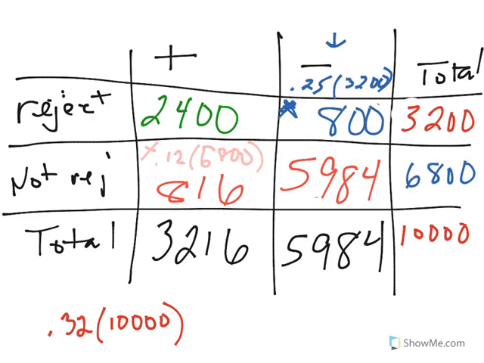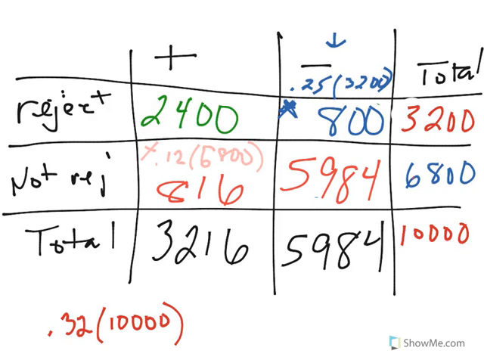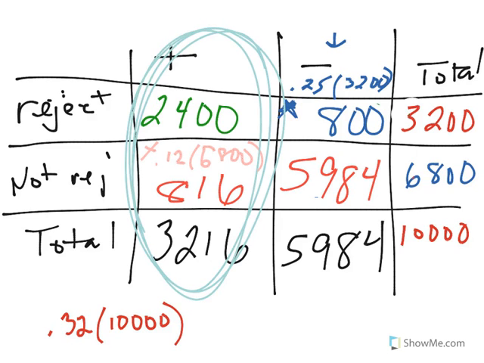And now when we go to our questions, remember question A was about a positive result and actually being rejected. So part A, positive test and rejecting the tail. So when you go to your table, we know we are looking at this column only because it says positive test result.